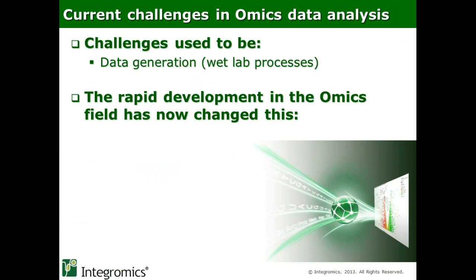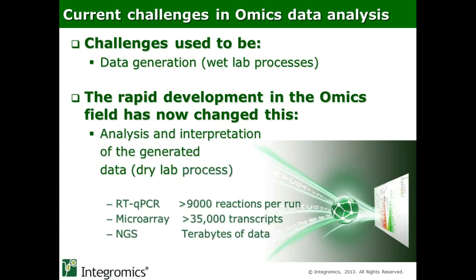So thanks to this rapid adoption of these high-throughput technologies in the omics field, now one of the main bottlenecks in this type of projects is the analysis and the interpretation of the data that's generated, which is a process that is done usually in silico, so it's a dry lab process.